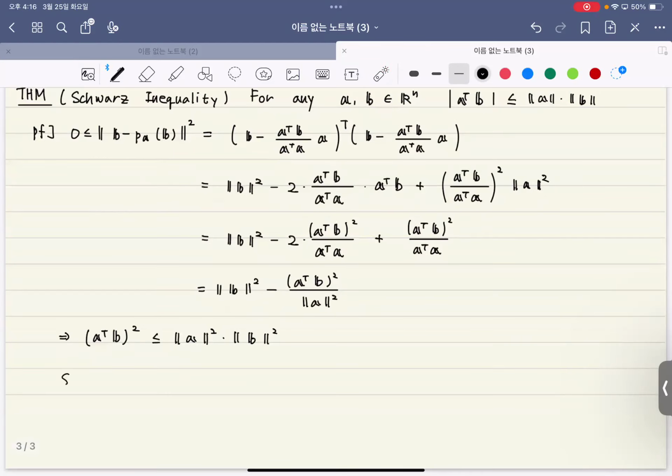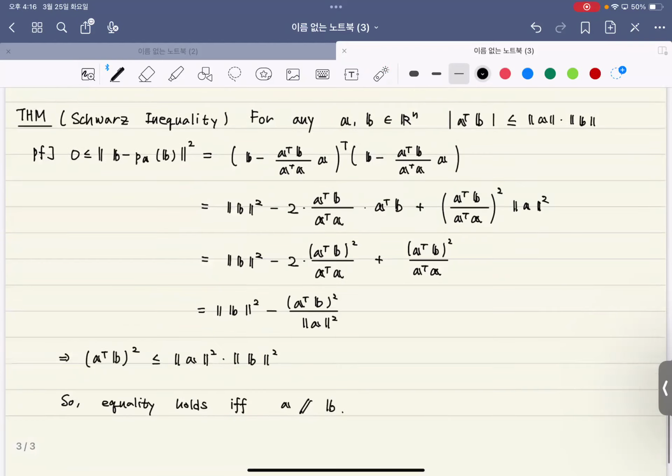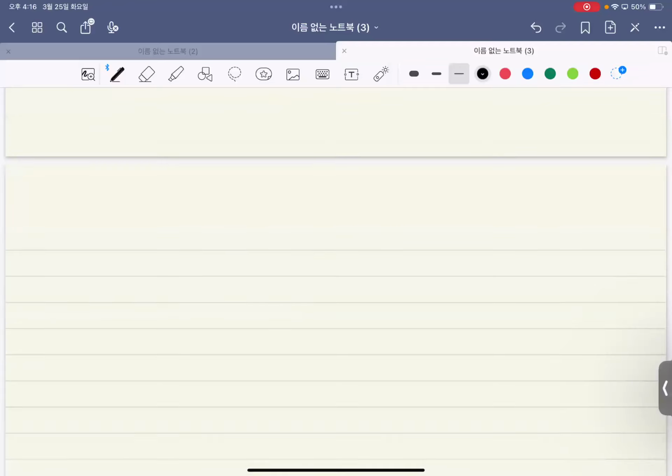So equality holds if and only if A is parallel to B.